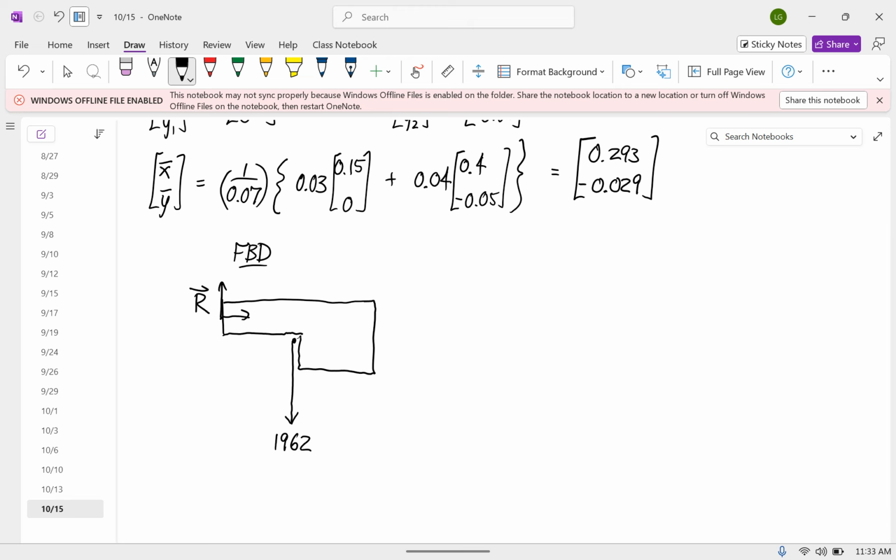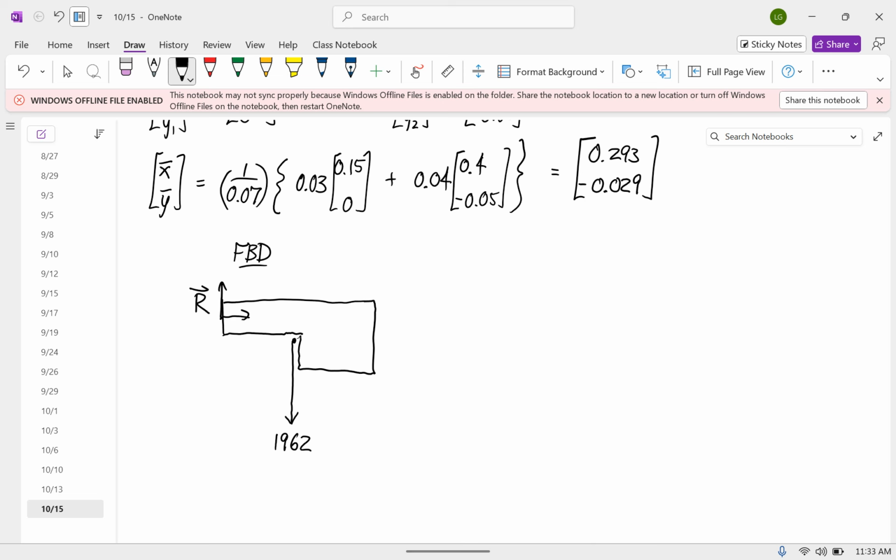And then we have the cable force, call that T. And I'll go rho, force, moment. The R vector has 0 rho vector. The force is Rx, Ry. Cross product is 0.